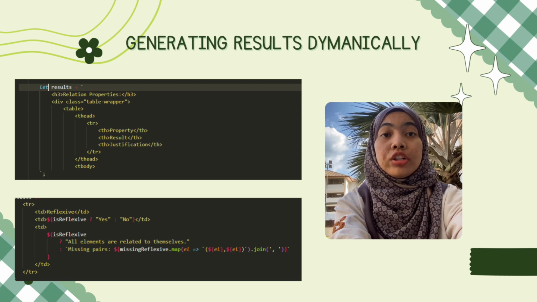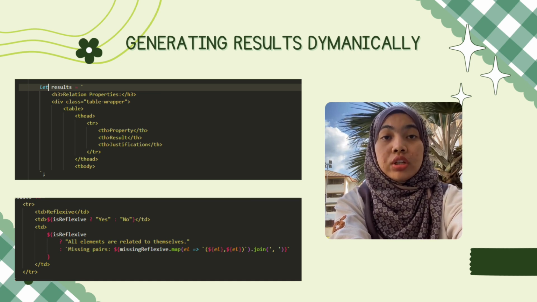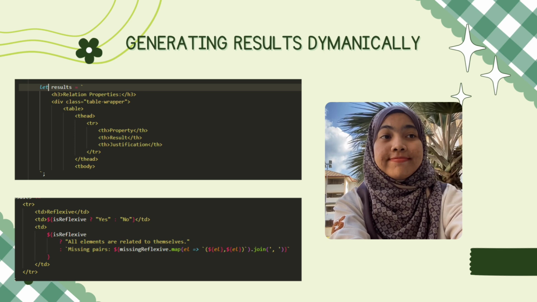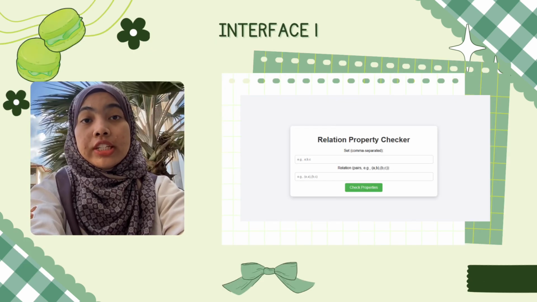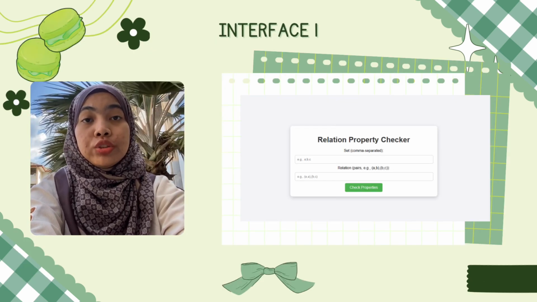After processing all the properties, we generate a dynamic table to display the results. Here's how the results are created. This program ensures an accurate and user-friendly evaluation of relation properties. It uses dynamic programming techniques and provides detailed feedback to the user. This interface for the relation property checker allows users to input a set of elements and their relations.